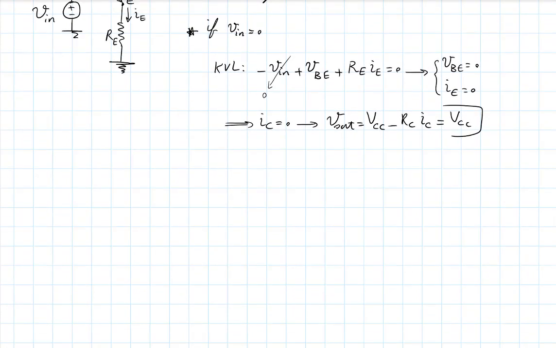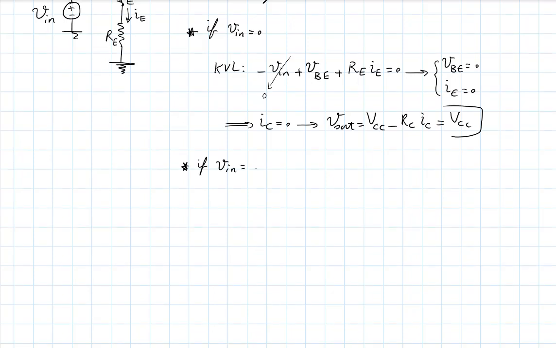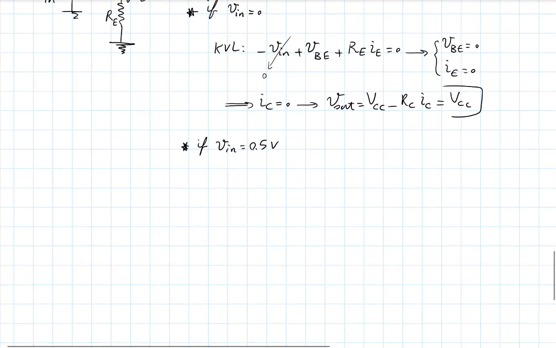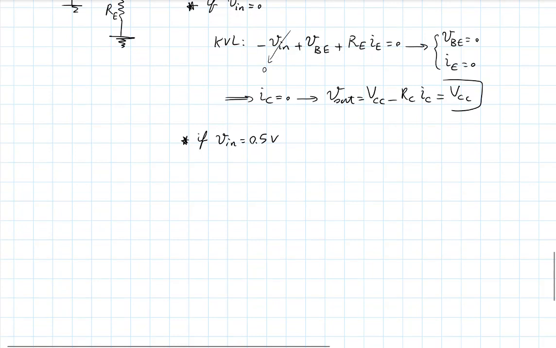What if V in was 0.5 volts? What then? I still have the same equation.